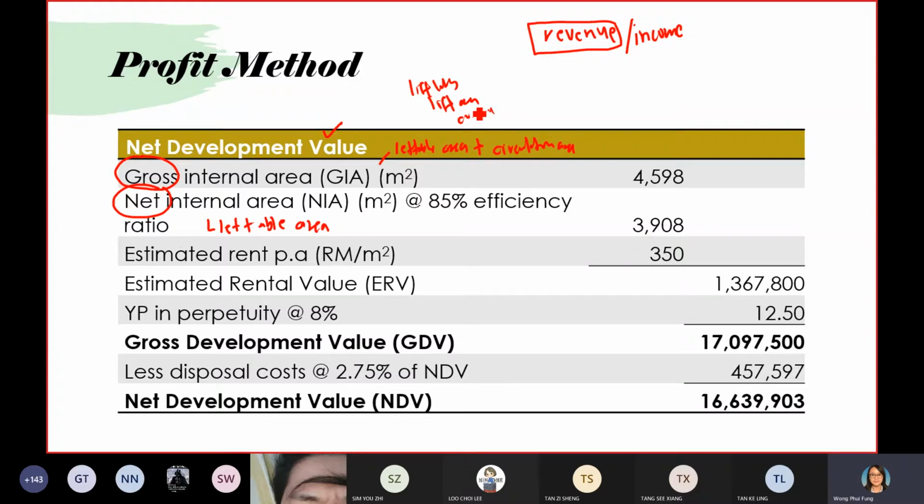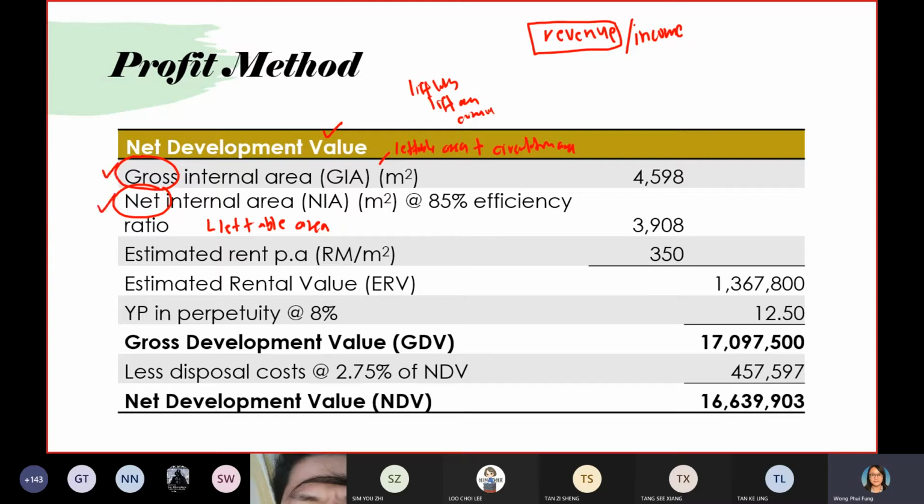No. So all these cannot be put under the lettable area, but we put them under the gross area. So the gross area refers to the lettable area plus the circulation area and the ancillary area, actually all your built-out area. I hope you are clear on gross area and net area.